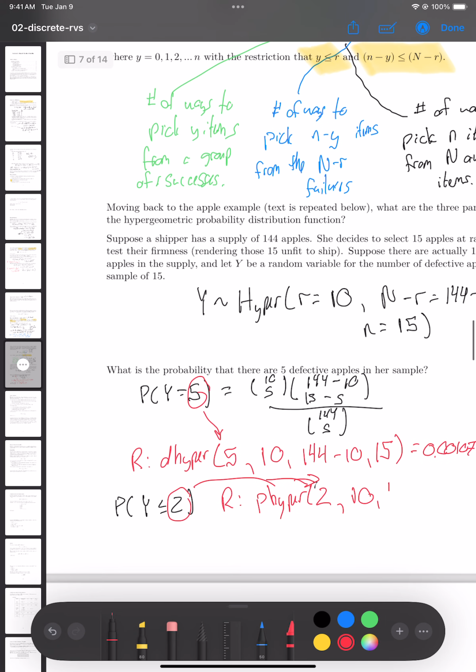So still 10, 144 minus 10, and 15. Plugging that into R will give you a probability of 0.929, indicating a very high probability that there will be 2 or fewer defective apples.